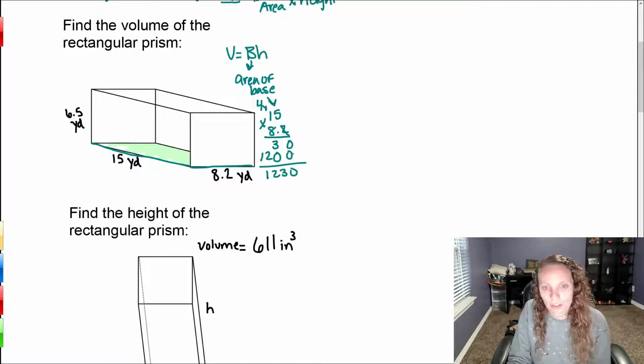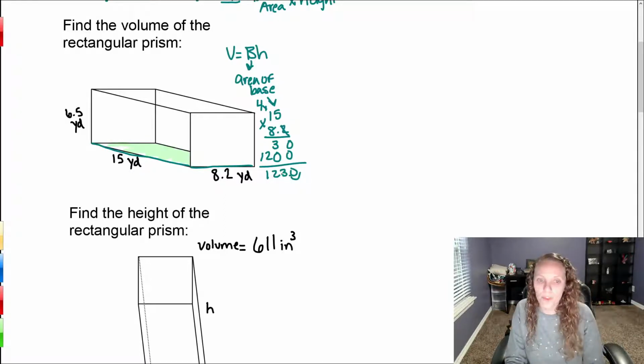There's one number after the decimal, so let's count over one time. And I got 123. This represents the area of the base, the shaded green part.